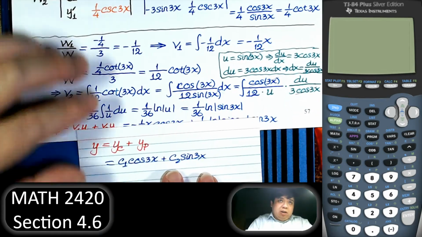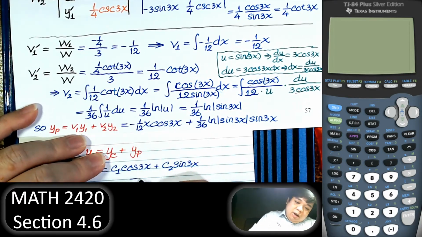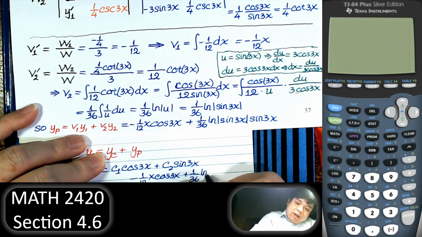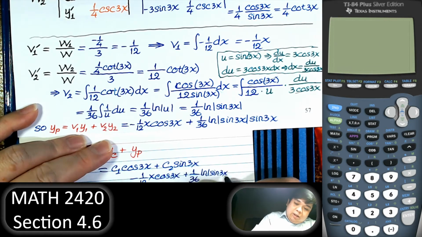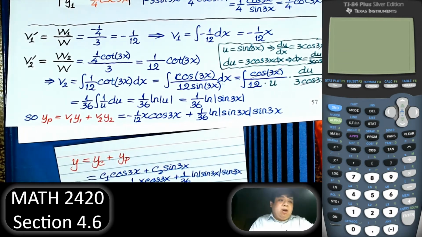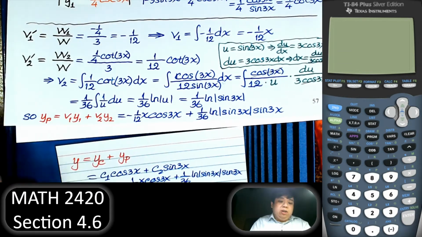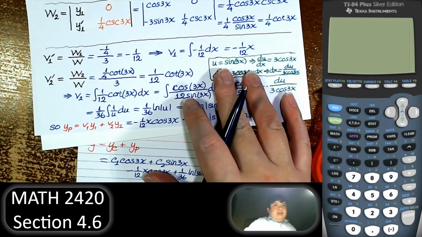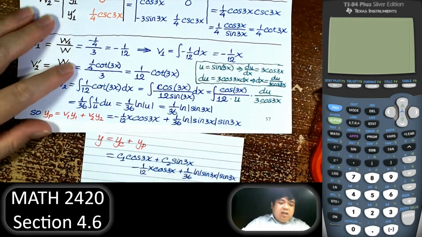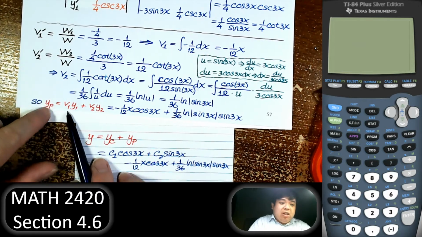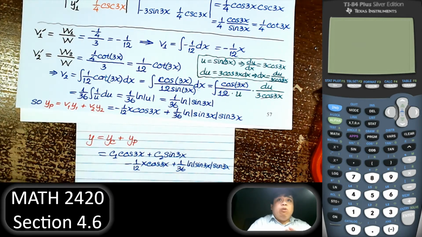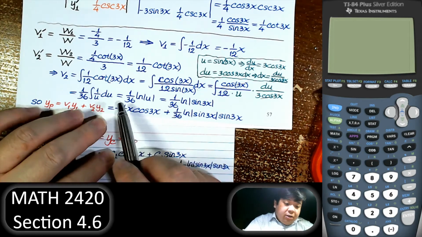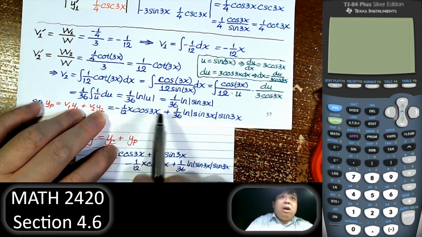And that plus the particular solution will be this, minus 1/12 x cosine 3x plus 1 over 36 ln sine 3x, sine 3x. So the complementary solution, particular solution, and then that. Right. Yeah. This is not important. The important here is we get the particular solution. As you see, we don't need to solve for the undetermined coefficient. So the coefficient come out perfectly.